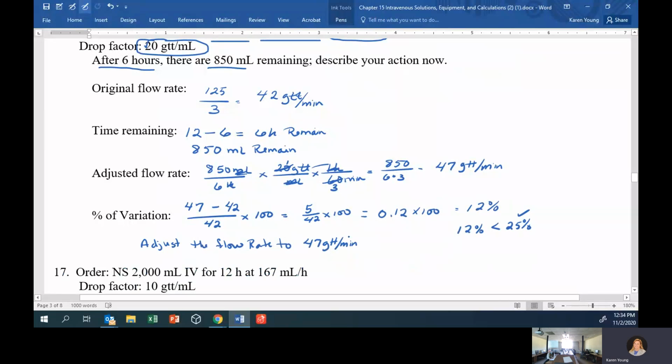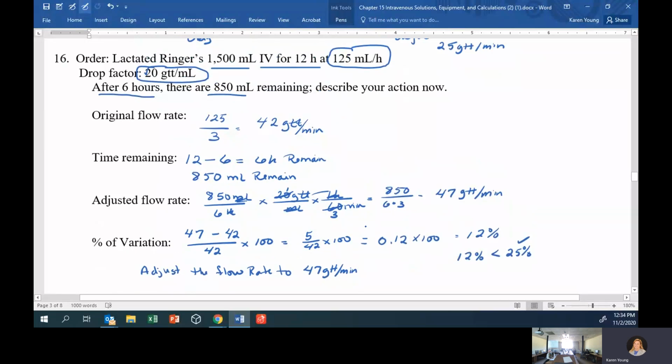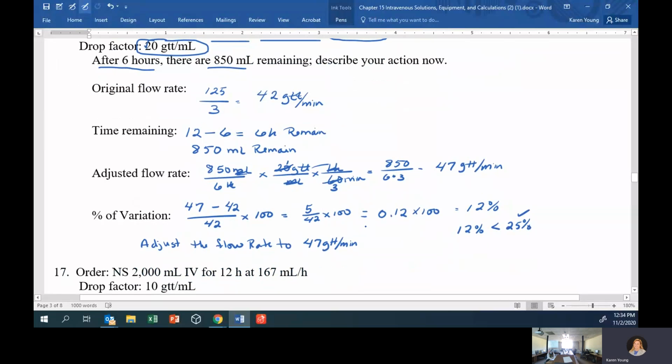And this way my 1,500 milliliters of solution will infuse over 12 hours. Okay. And I know I probably just blew your mind with these, right?